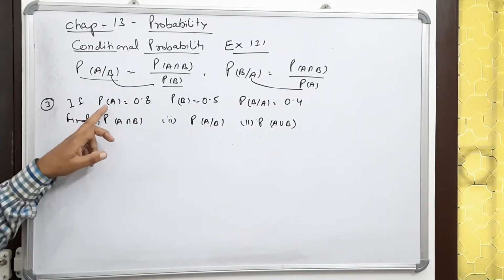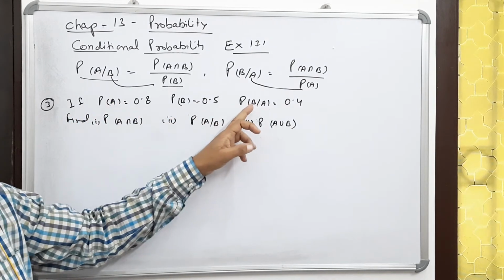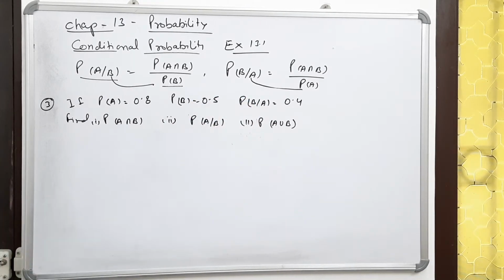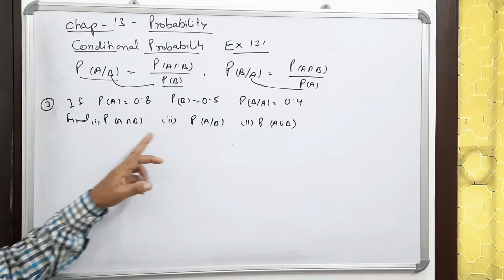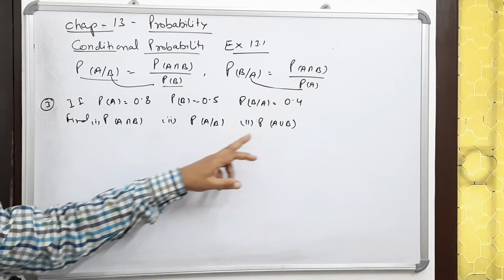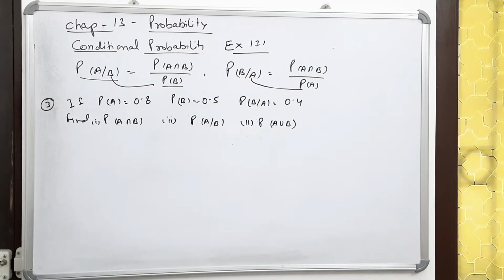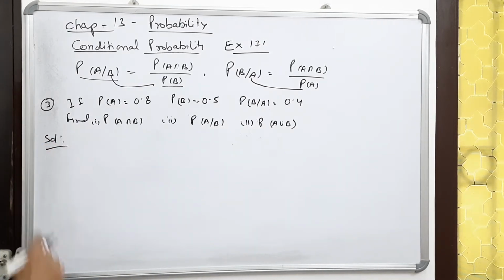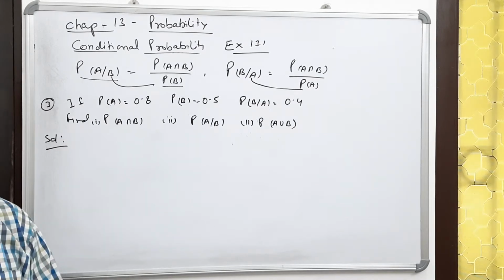See the third one. P(A) is there, P(B) is there, and probability of happening of B when A has already occurred is given. We have to find the intersection, the probability of A when B has already occurred, and then we have to find the probability of A union B. So you see the solution of this part, and these types of problems are very important.